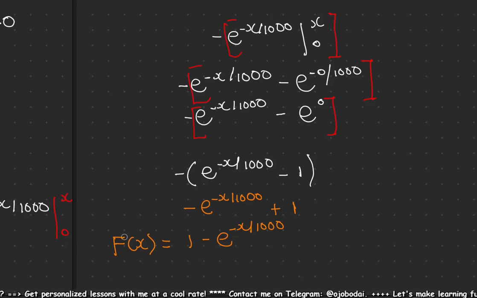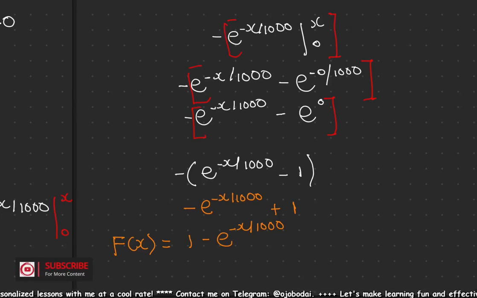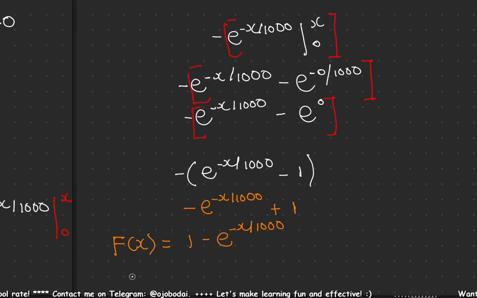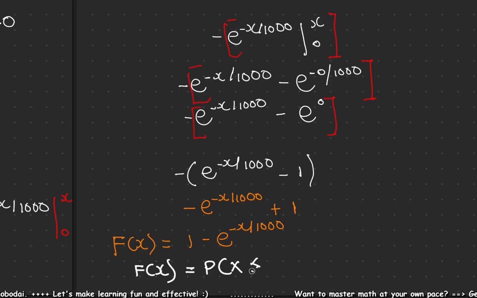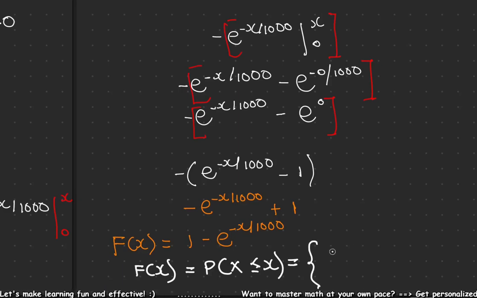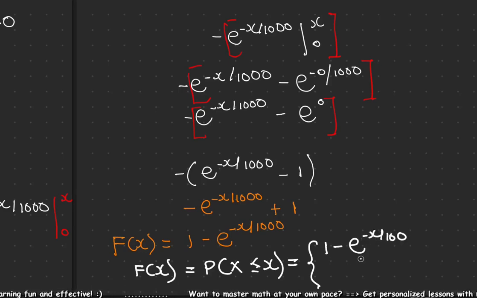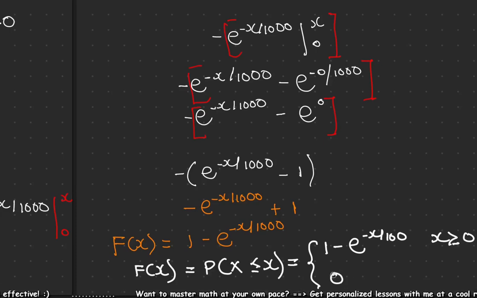To write it and make it more presentable so that it satisfies the range of values we were given, we are going to say our cumulative distribution function f of x now is going to be equal to the probability of our random variable x being less than or equal to x, which is equal to 1 minus e to the power negative x over 1,000, for x greater than or equal to 0, and then 0 for x which is less than 0.